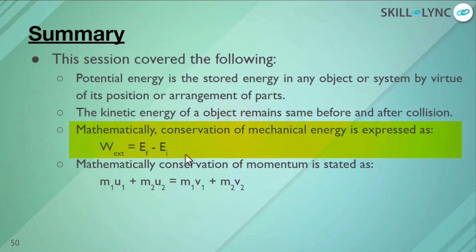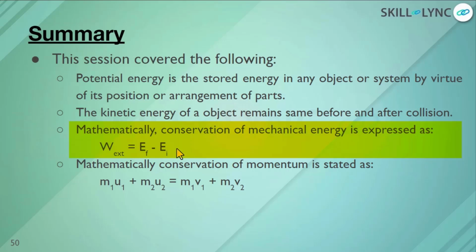That is, if there is some work done by the external forces on the system, then it can be denoted by EF minus EI, where EF is final energy of the system and EI is initial energy of the system.